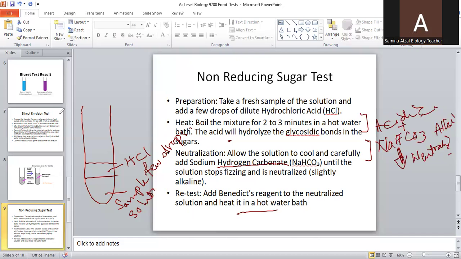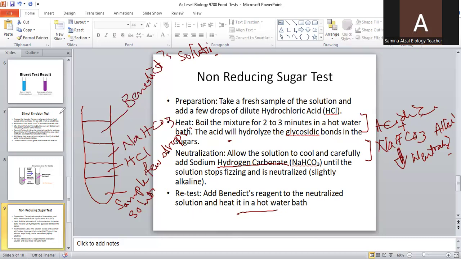For the Benedict test, you will add Benedict solution, and perform the Benedict test again in the water bath.